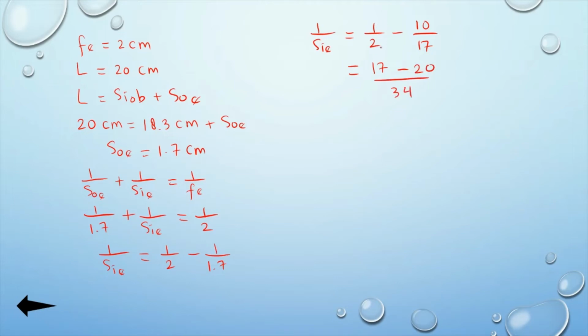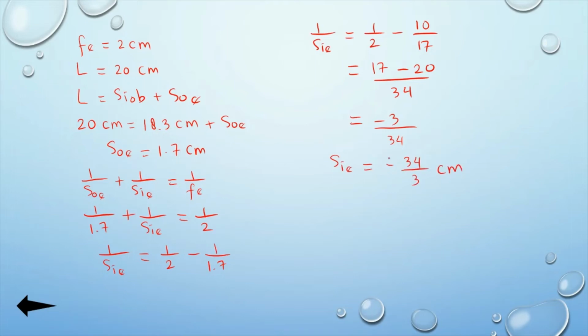Multiply 1 over 2 with 17 and 10 over 17 with 2. You will get this equation. Then we have minus 3 over 34. So SIE equals minus 34 over 3 centimeter.